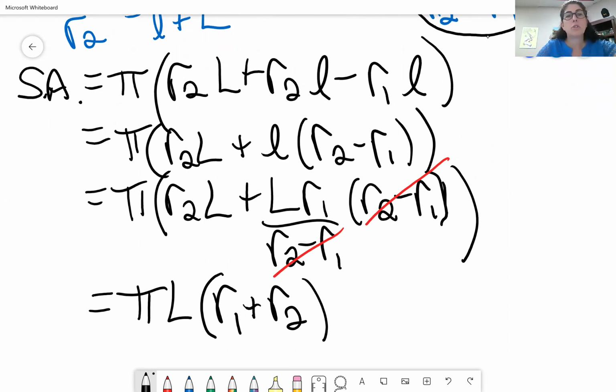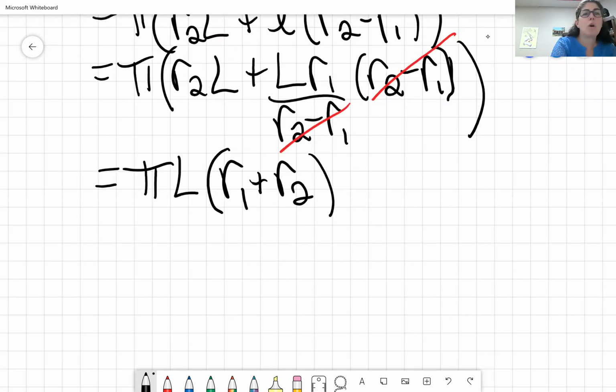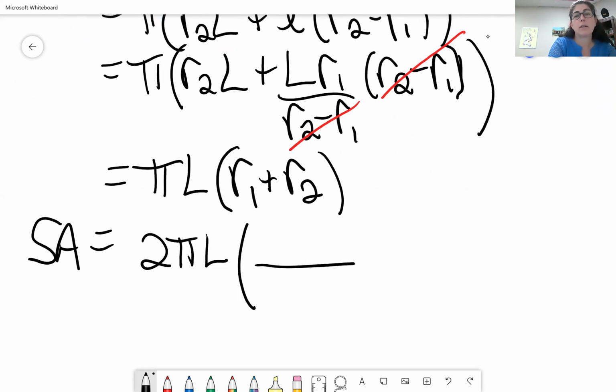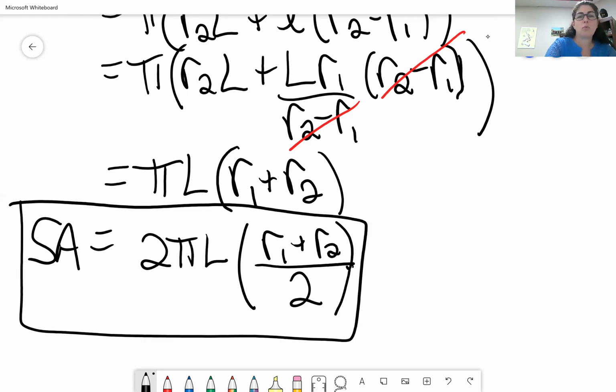And I'm just going to rewrite this one last time as 2 pi L. I'm going to put a 2 on the top and a 2 on the bottom, because it's nice to see this where we're looking at the average of the R's.